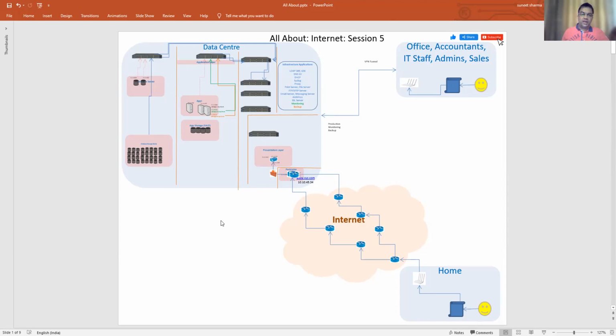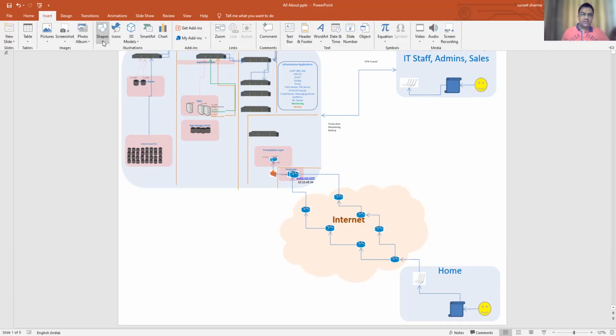Let's call this the N setting. When we talk about the data center, there are tier 1, tier 2, and tier 3 data centers. We will understand their properties in the next sessions. But today, the point is to understand what redundancy is.